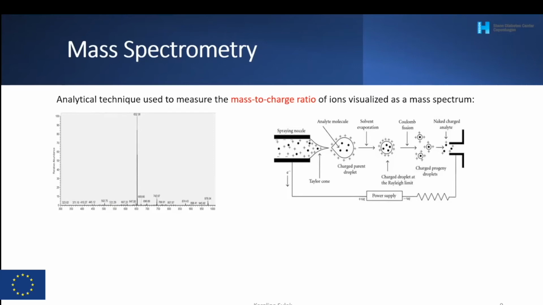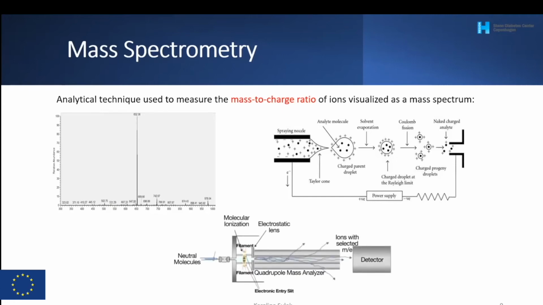Most of the charge that we experience in metabolomics is +1 hydrogen or -1 hydrogen. So it's positive or negative mode, which means that if you look at the mass, you have to add or deduct the mass of the proton, and this is your mass to charge ratio.